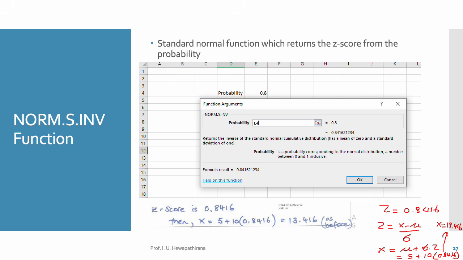So similar to the previous answer, we get x equals 13.416. So these are two ways that you can calculate the corresponding value given the probability of the distribution.